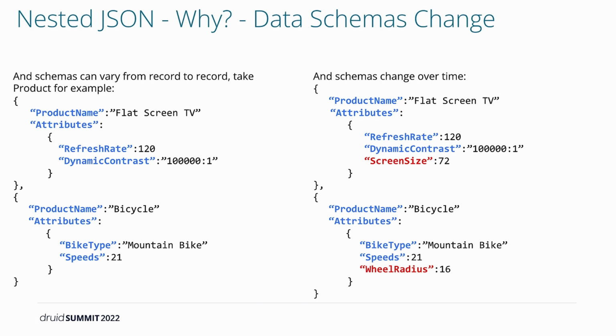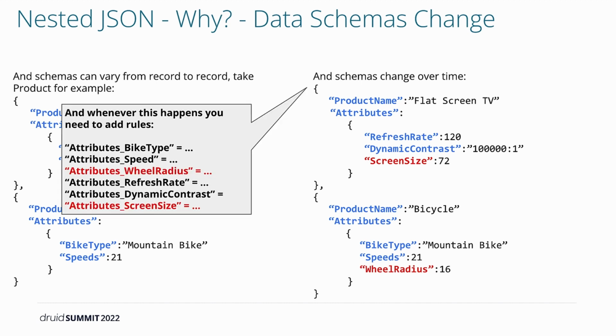Additionally, schemas change over time, if fields are added to describe, in this case, products in a better way. So whenever the data changes or the schema changes, we'd have to update these rules.